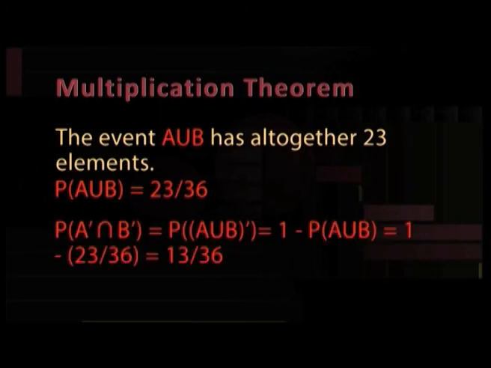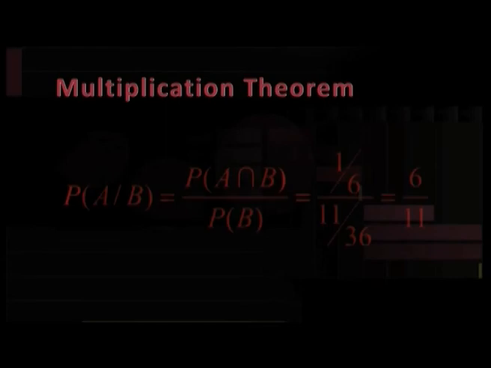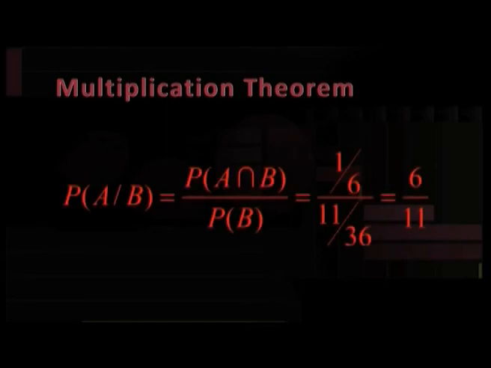And the probability of A complement intersection B complement is equal to probability of A union B complement, which is equal to 1 minus probability of A union B, which is equal to 1 minus 23 by 36, which is equal to 13 by 36.